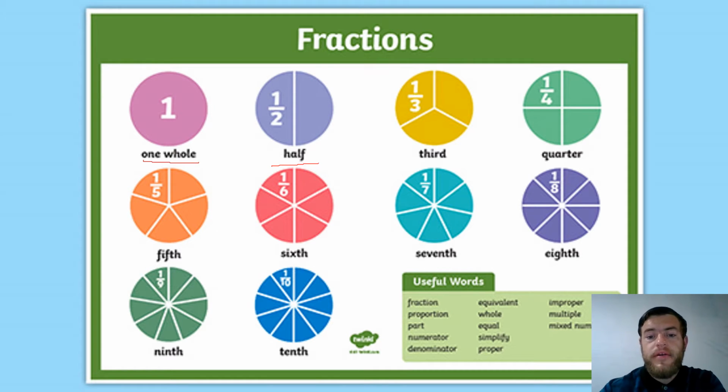The third one is classified as a third because in this scenario, the circle or pizza is cut up into three equal parts.